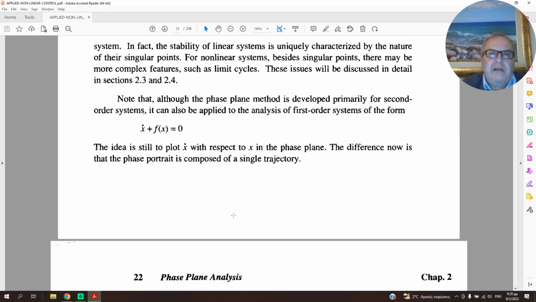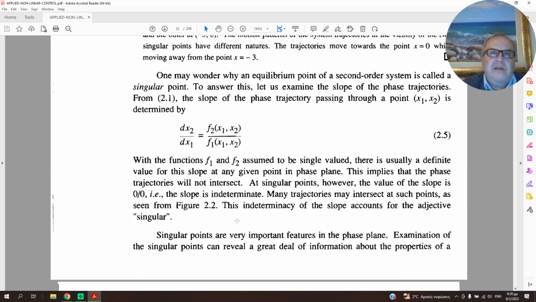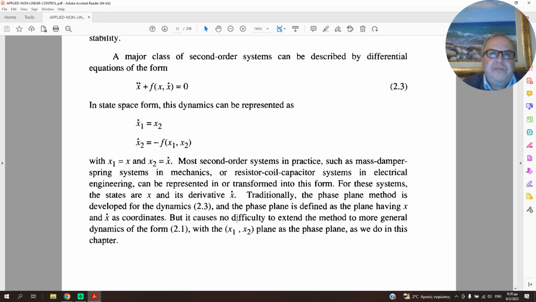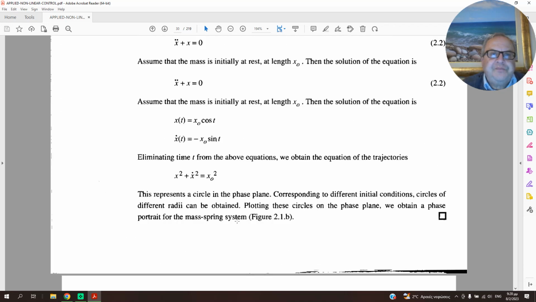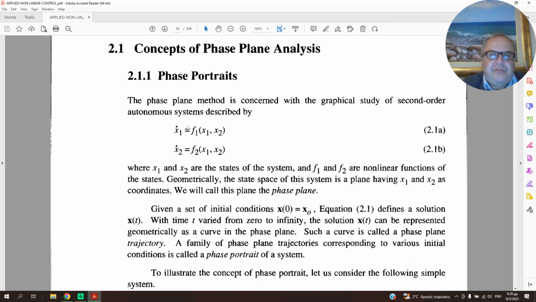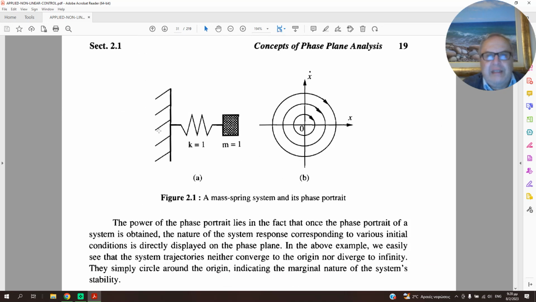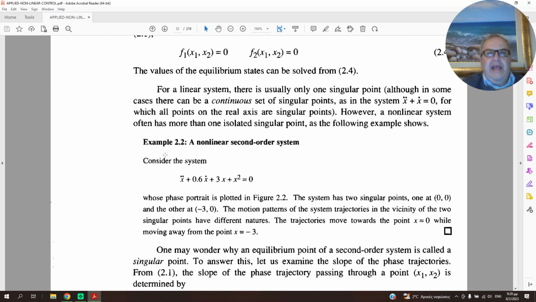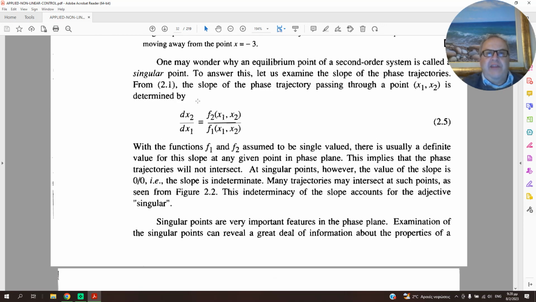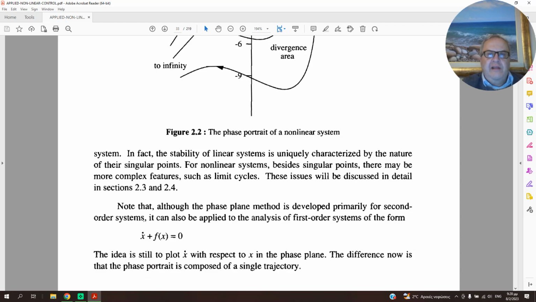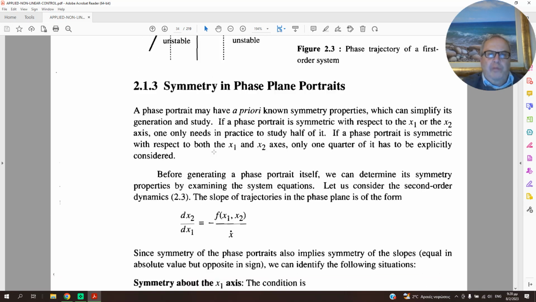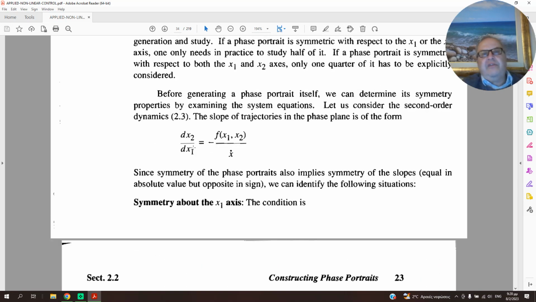We go back here: dx1/dt and dx2/dt, and we divide these equations, and from this you can find the slope.